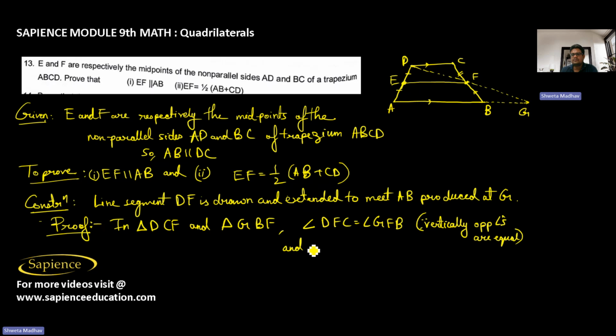And also angle CDF equals angle BGF, and these two angles are equal. Why? Since DC is parallel to AG, alternate interior angles are equal.